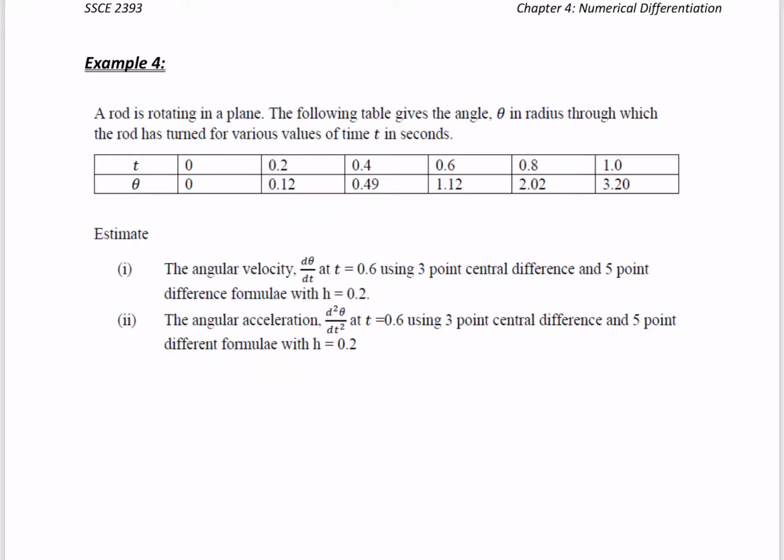Data is given, but this one is about a rod rotating in a plane, and you need to find the angular velocity d theta over dt at t equals 0.6 using the 3-point central formula and the 5-point difference formula with h 0.2. And then the second one, you need to find the angular acceleration at the same point, t equals 0.6, using the 3-point central difference and also the 5-point difference formula with h 0.2.